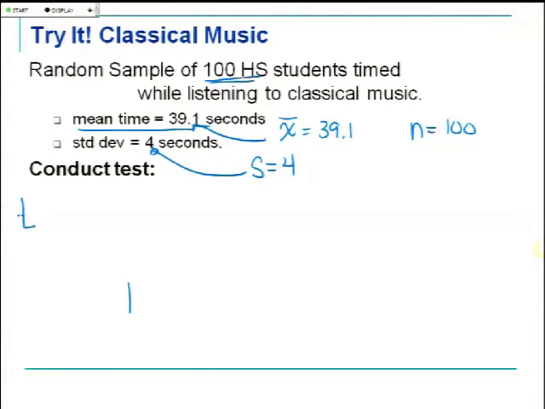Our t statistic, here's the formula, one way it's written on your yellow card. It measures how close your 39.1 is to the hypothesized 40. It measures that in standard error units.